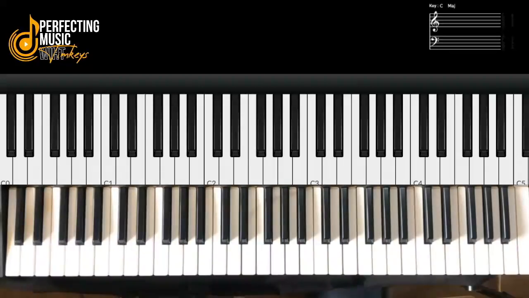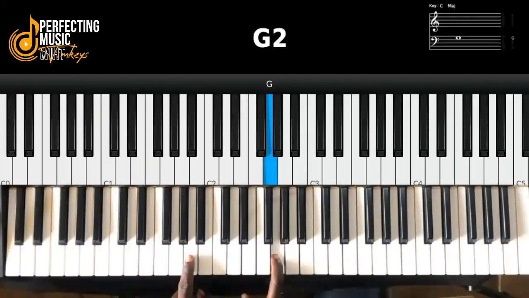So basically, we have A, that is 1, we have B, C, D, E, F, G, and after G, those are 7. 1, 2, 3, 4, 5, 6, and 7.